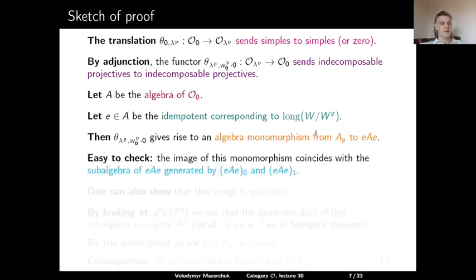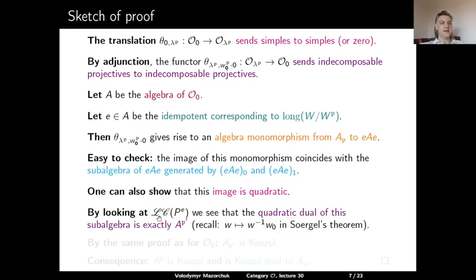One can check that the image of this monomorphism actually coincides with the subalgebra of the centralizer subalgebra EAE which is generated by the degree 0 and the degree 1 part. And it's a little bit more difficult to show, but one can show that this image is in fact quadratic.